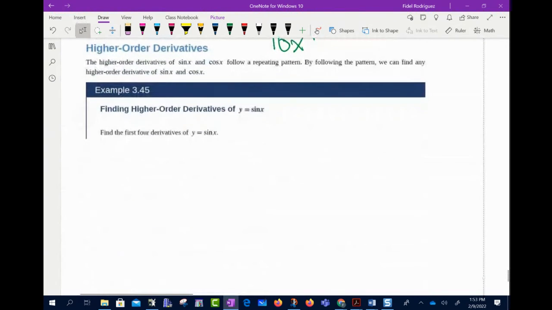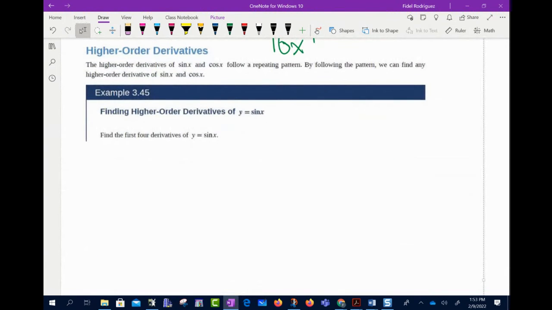Okay, so we're going to talk about something called higher order derivatives. The higher order derivatives of sine x and cosine x follow a repeating pattern. By following the pattern, we can find any higher order derivative of sine x and cosine x. The first problem says, let's find the first 4 derivatives of y equals sine x.